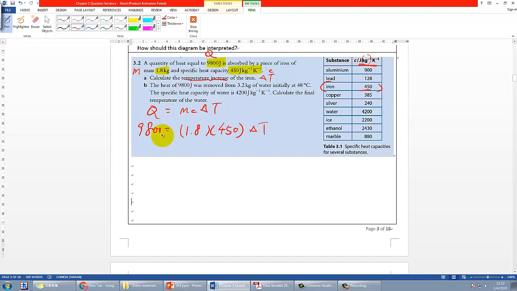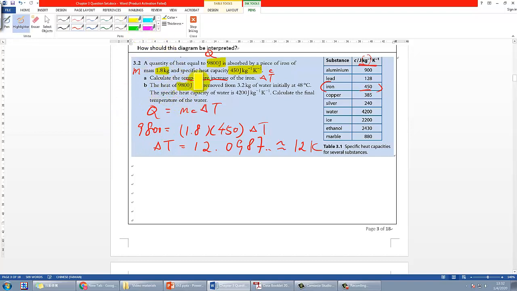So delta T is unknown, and you just use your calculator. That would be 12.0987, and you will round it up to 12.1. Or actually, if you have 2 SF, then I would say just keep it as 12, right? 12 Kelvin or degrees Celsius, both are fine.